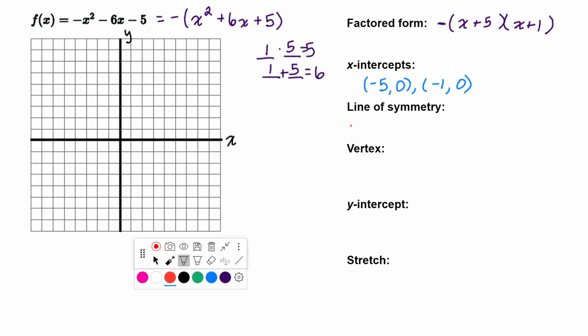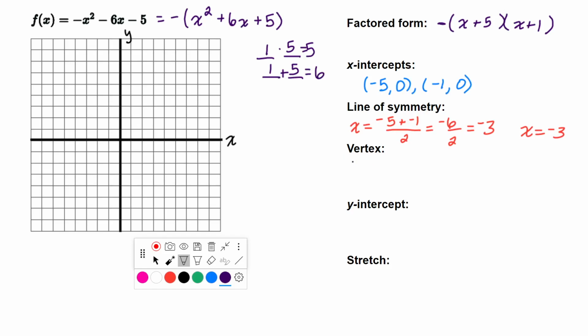The line of symmetry. We're going to add -5 to -1 and divide by 2. So that's -6 divided by 2 is -3. So that line of symmetry is x equals -3. We use that x value in our factored form to find the vertex.